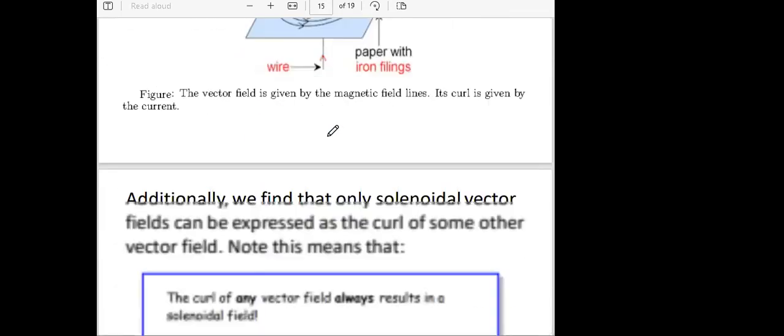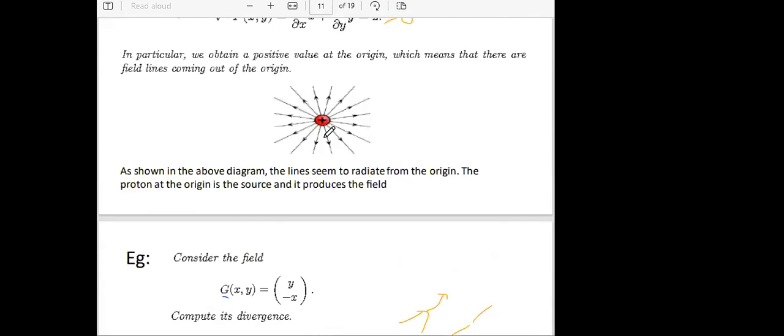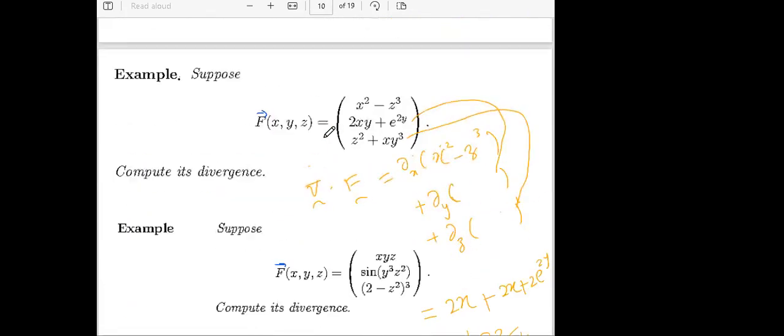So how do you compute it? Now, let's compute the curl of this vector field. So what is the curl?